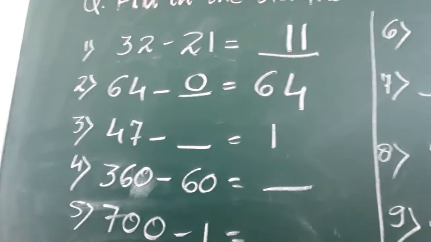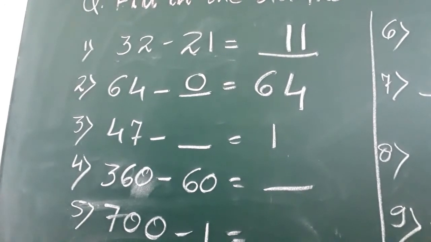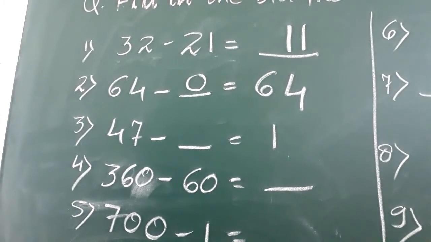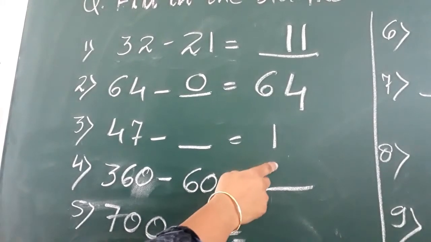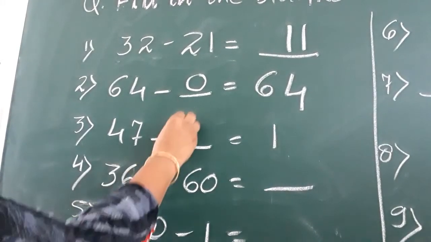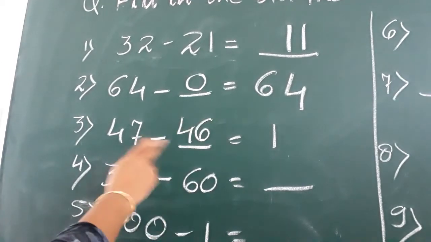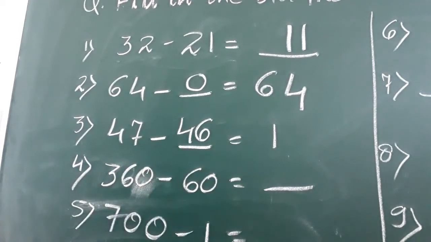Always remember, after writing the answer, once again think of the answer you have written. So here 64 minus 0 is 64. Coming to the third question, 47 minus which number? You have it as 1. That is 47 minus 46. You have the answer to be 1, right?